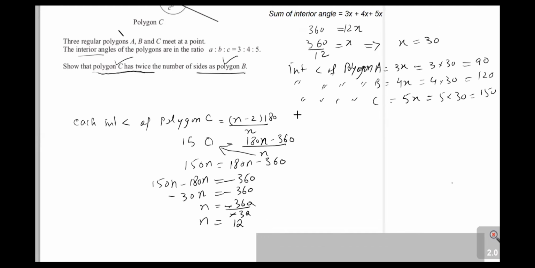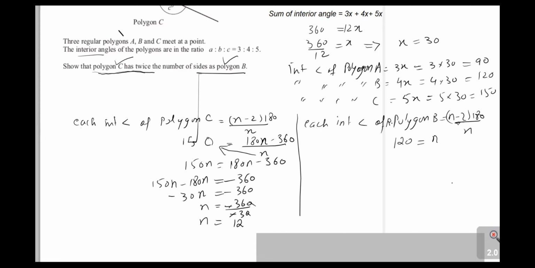Next, we will calculate the number of sides of polygon B. Each interior angle of a regular polygon, and you should remember this is regular polygon B, equals (n minus 2) into 180 over n, and the interior angle here is 120. So 180n minus 360 over n, and multiplying n by 120 we get 120n.